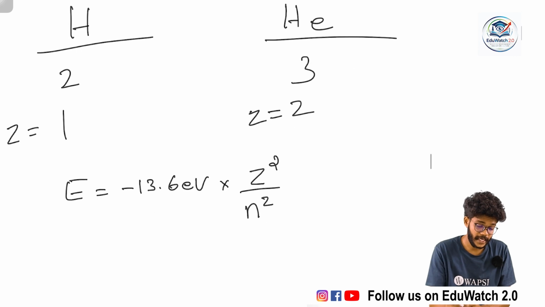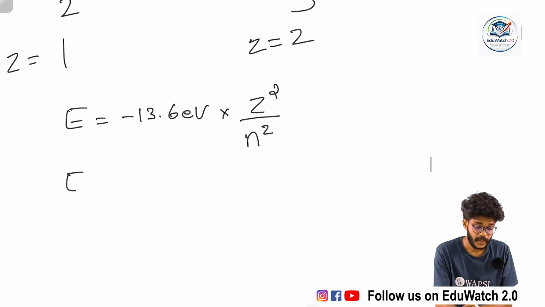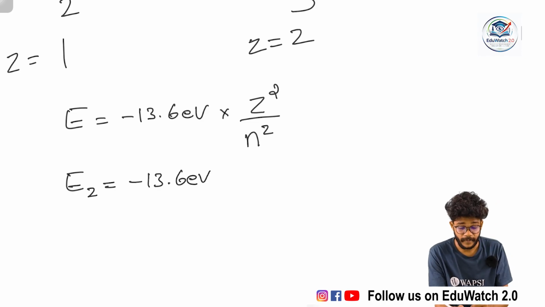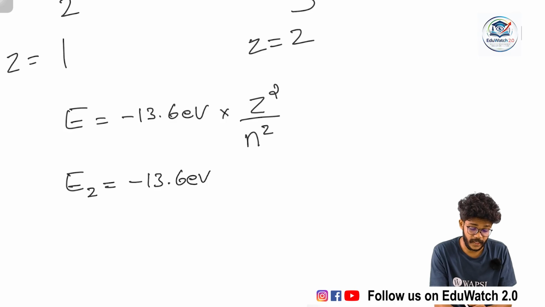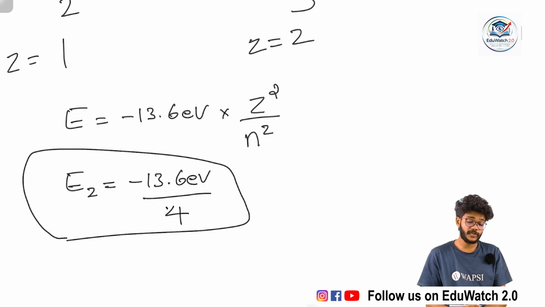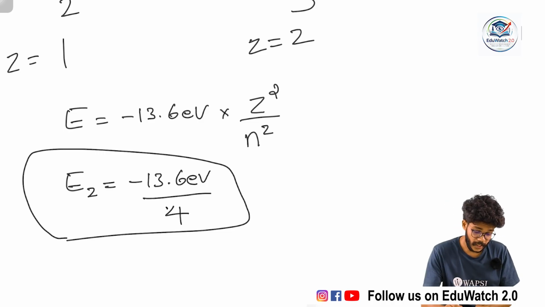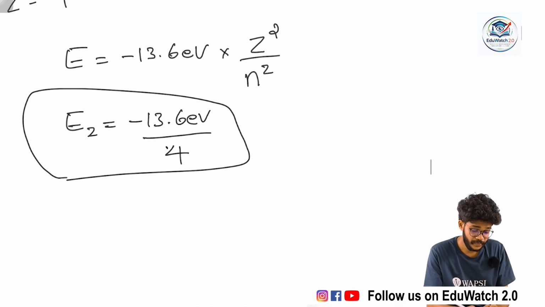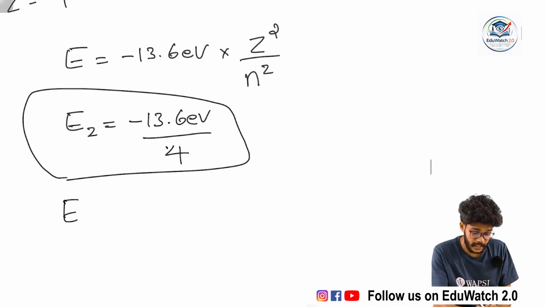So we can calculate the energy for the hydrogen atom, E2, which is minus 13.6 electron volt, Z is 1 and n is 2, divided by 2 square, which is 4. So E2 is minus 13.6 electron volt by 4. This is for hydrogen, and then we can calculate for helium the E3.